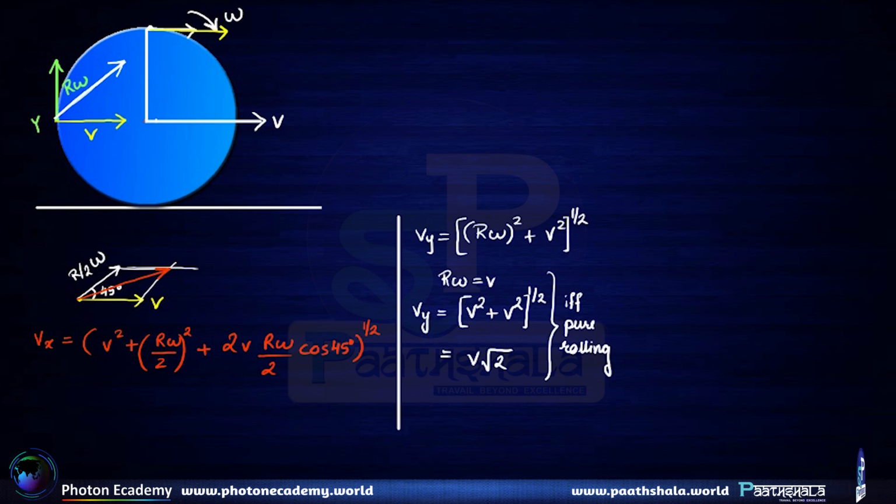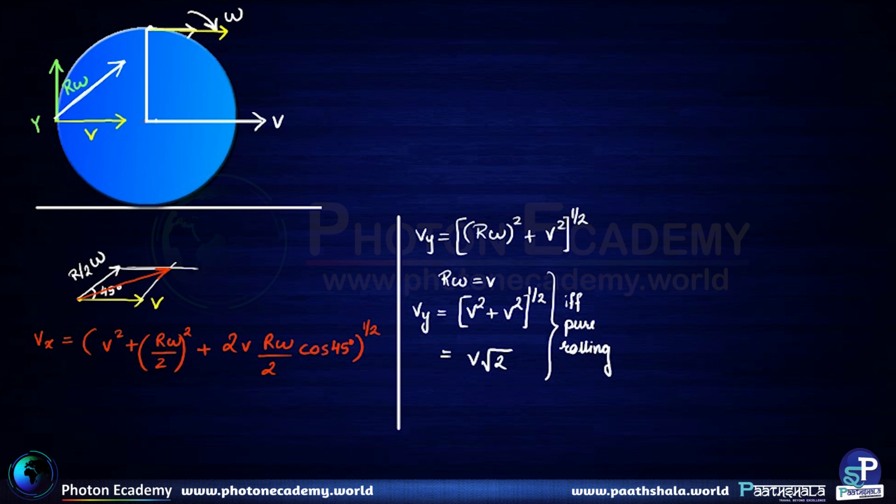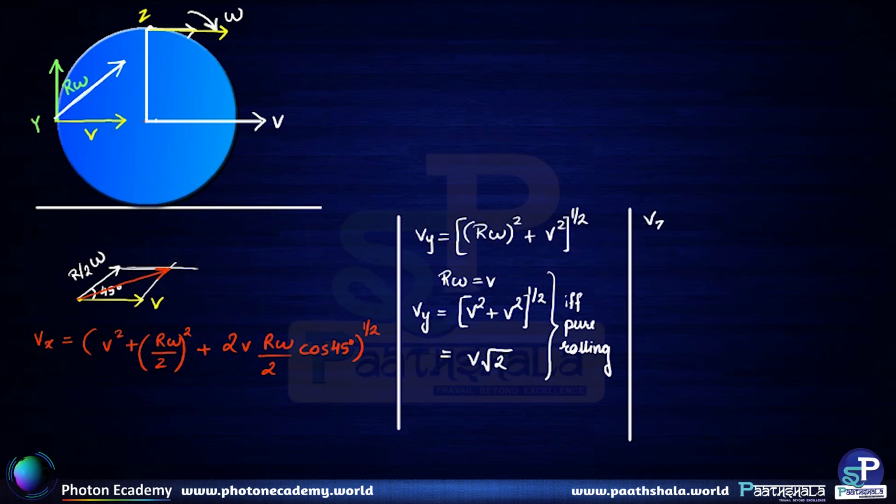So let us say this point happens to be the point z, let us say. Okay, now the velocity of point z can be written down as vz is equal to v plus r omega.